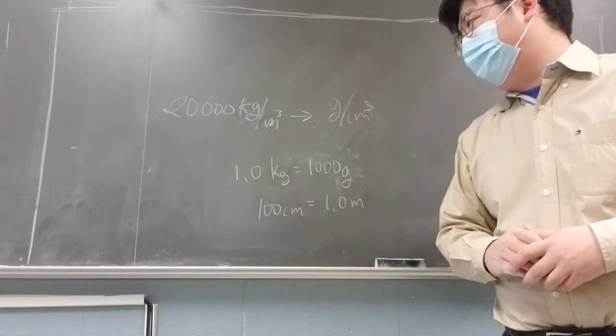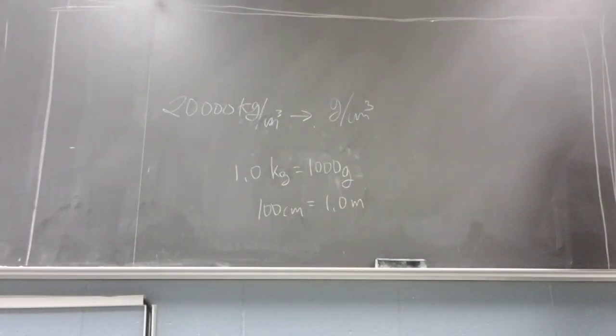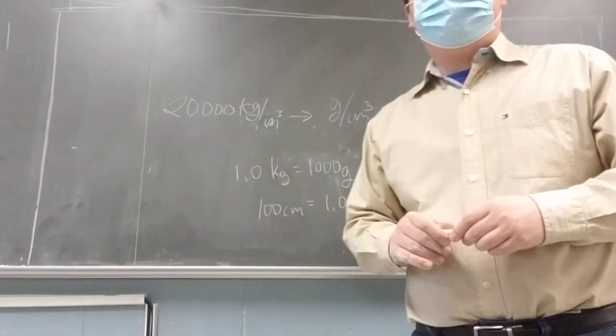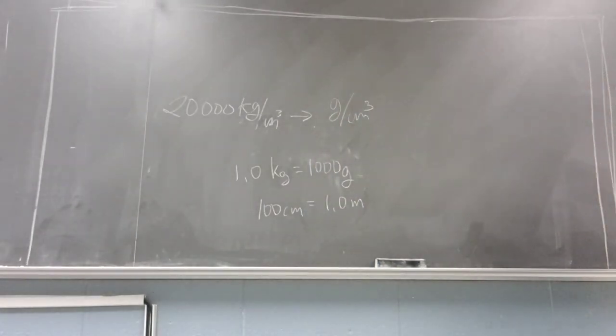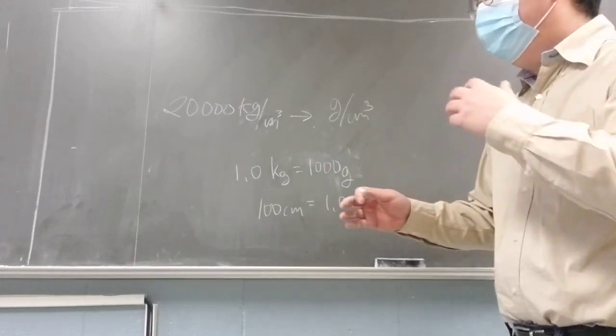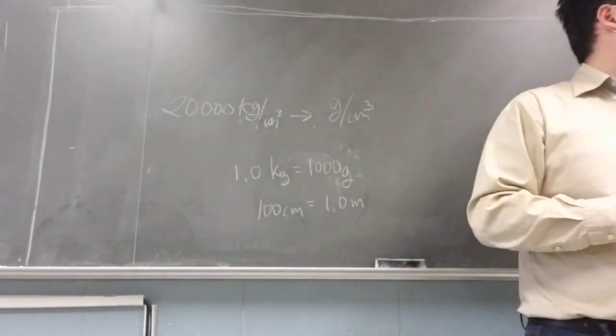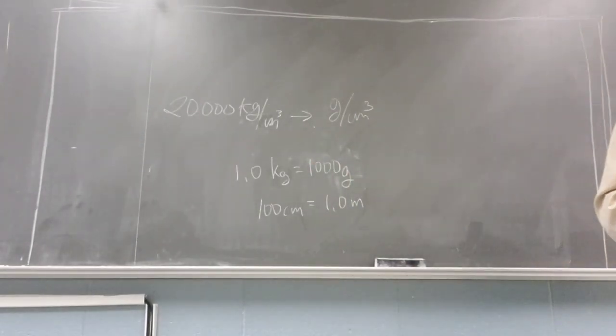So it will be the unit for the density. Yeah, it will take some time. I think normally it takes about 3 minutes. If you practice quite a bit, you can normally get through all the steps in 3 minutes, I believe.